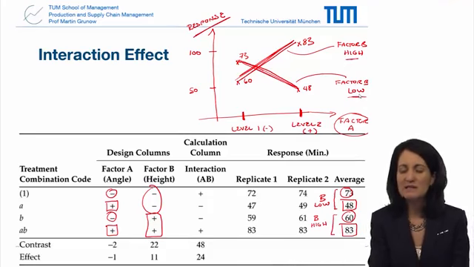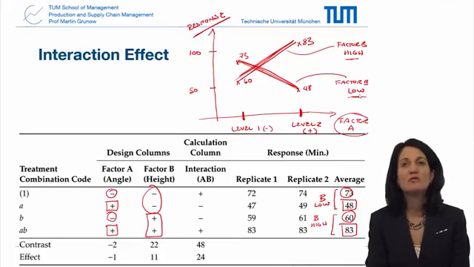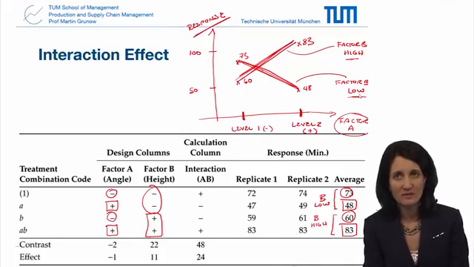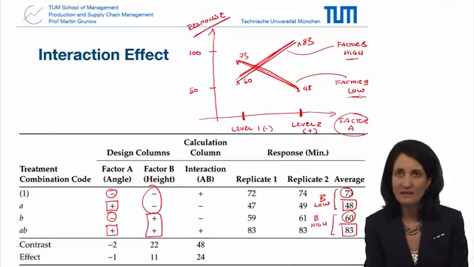And this means that there's an interaction between the factors A and B. If there were no interaction, these lines would be parallel and they would not cross each other. So we could already see here graphically that there's a strong interaction between the factors A and B.